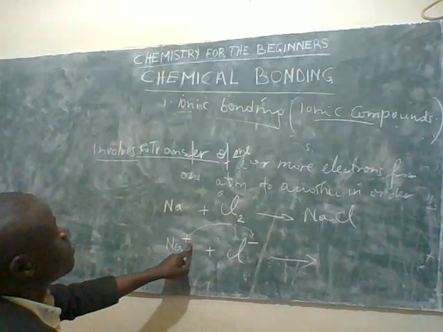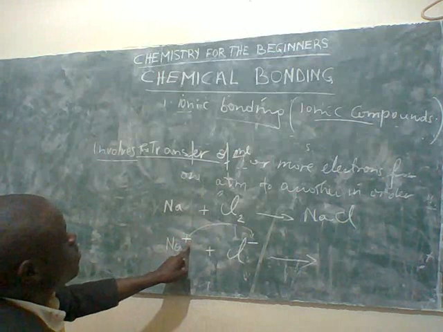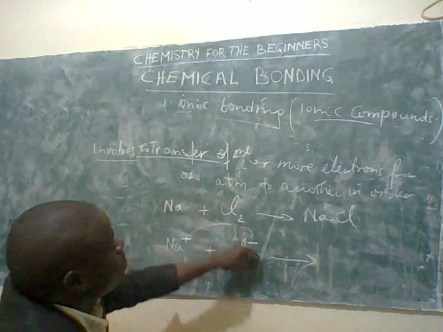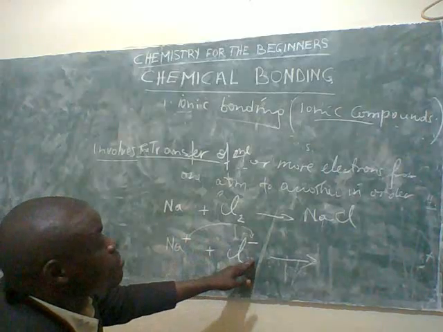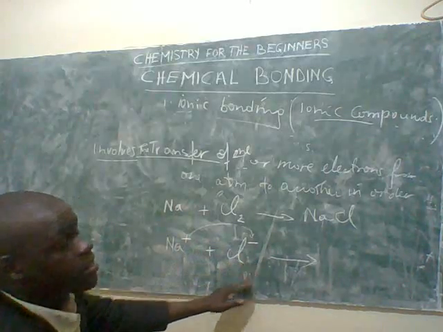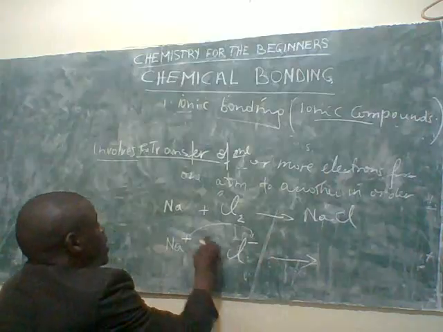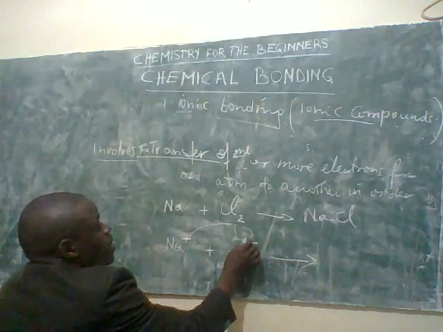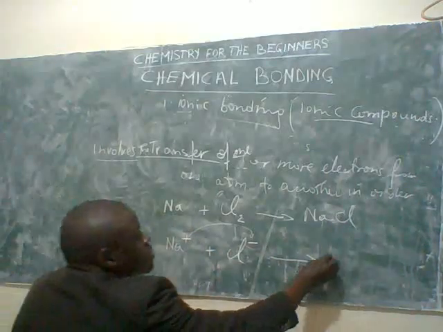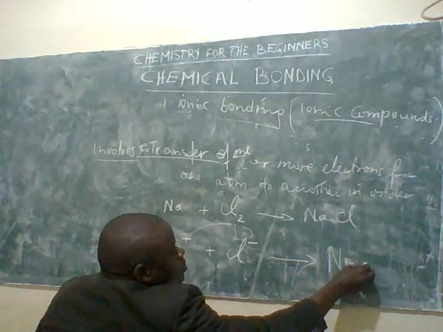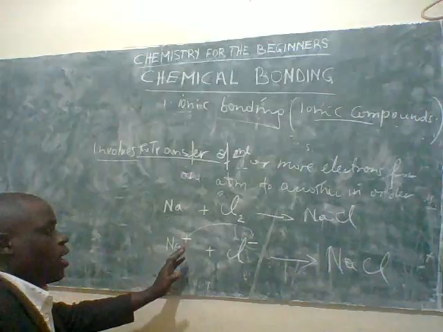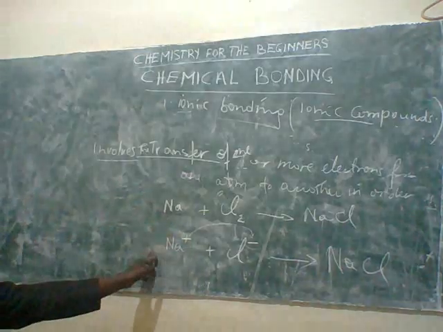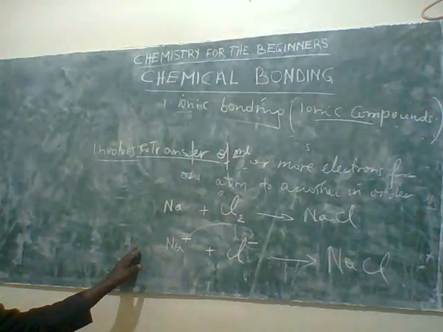The positive ones in the periodic table are the donors. They transfer their electrons to the receivers, the nonmetals. Because this is one and this is one, they balance. They produce sodium chloride.